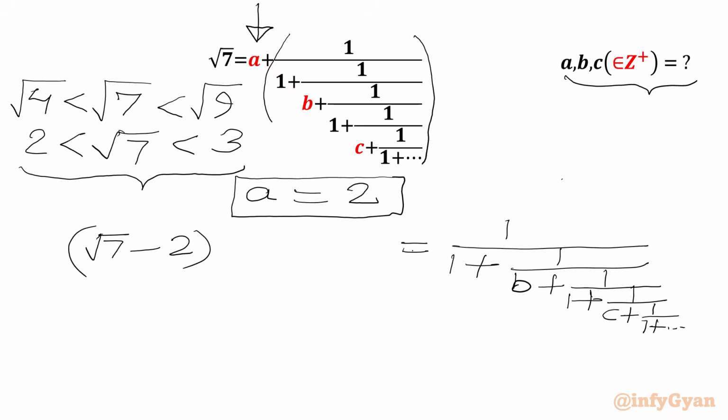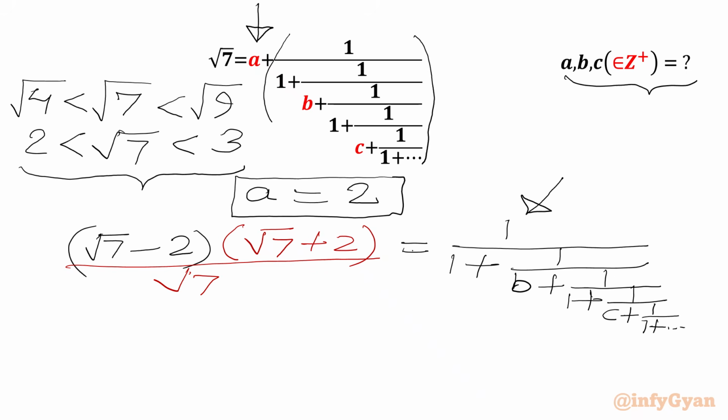Now we have 1 in the numerator here, but in LHS we have root 7 minus 2. So we are going to rationalize root 7 minus 2 by multiplying root 7 plus 2 in the numerator and in the denominator. Now we have one specific algebraic form, a minus b times a plus b, in the numerator of LHS.